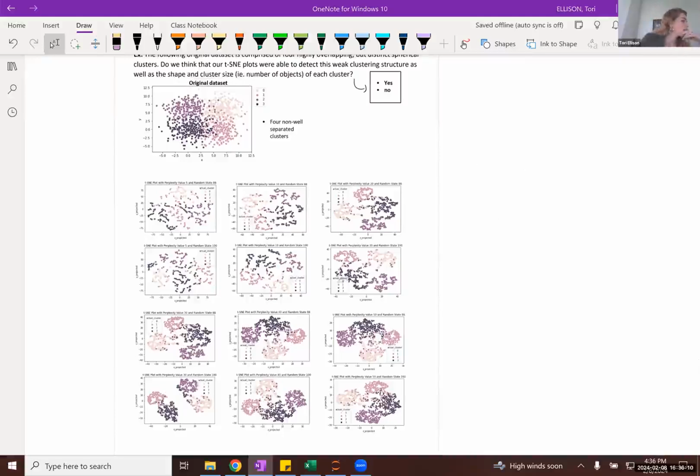Let's see what we would have interpreted. Based on the interpretation methodology that I've been showcasing so far, do we think that we would have been able to suggest that there are, in fact, four non-well separated spherical clusters here?